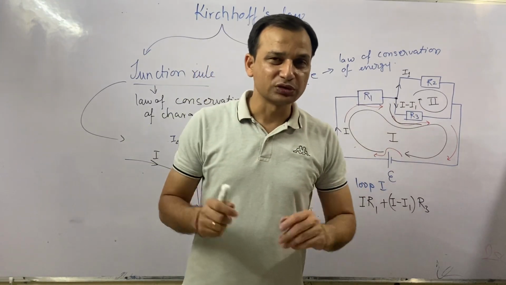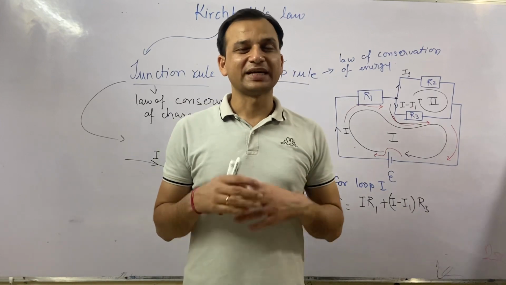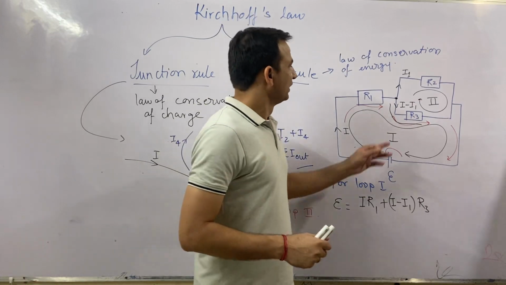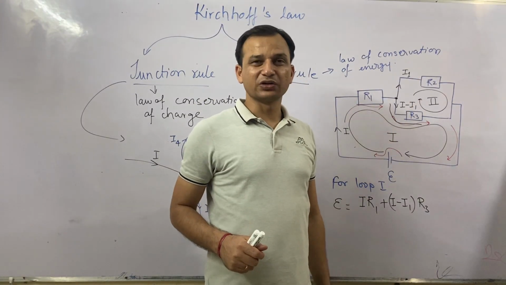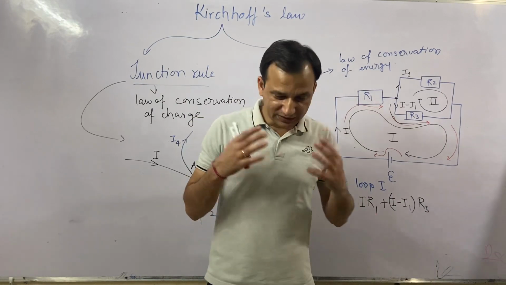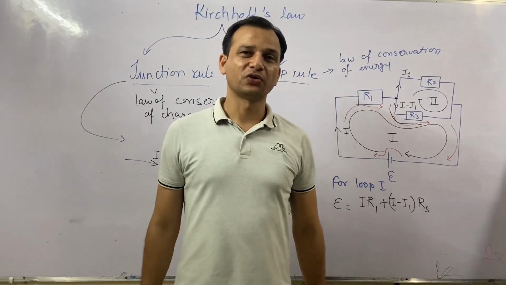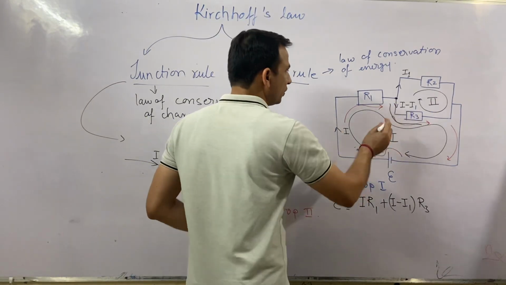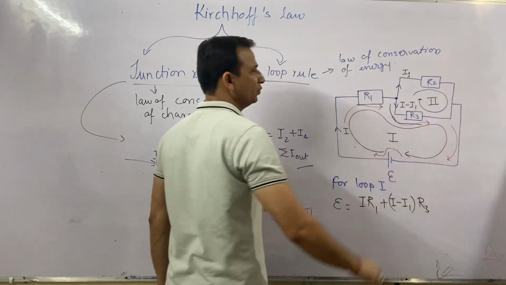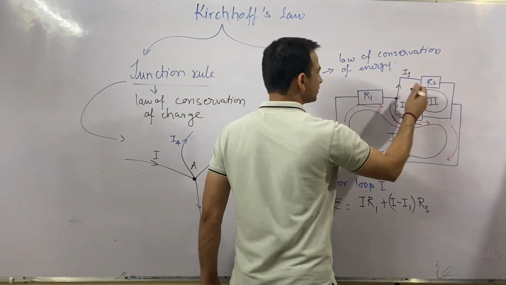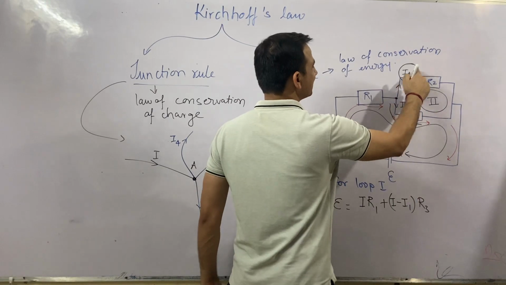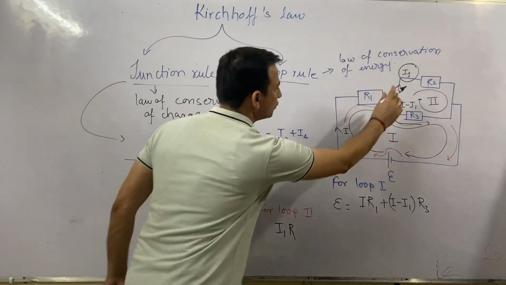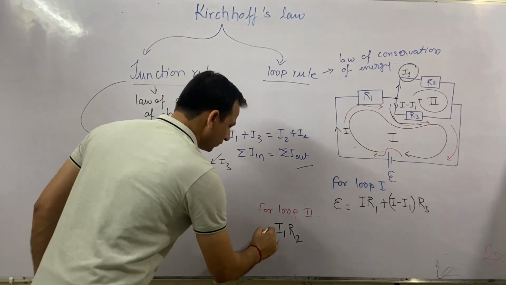Though you are free to choose which direction you want to take as positive or negative, what I do is, when the current is flowing in the direction of the loop, I take it as positive, and when the current is flowing against the direction of the loop, I take it as negative. So here I1 is positive, so I can write I1 R2. This is positive.